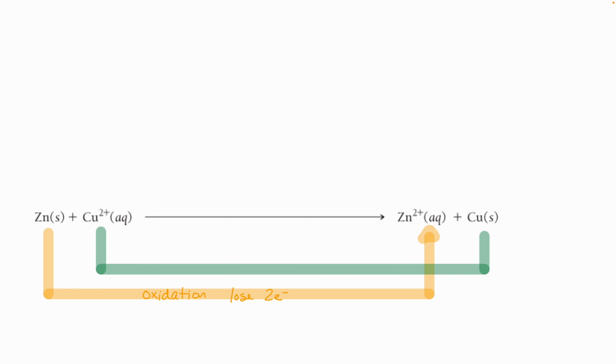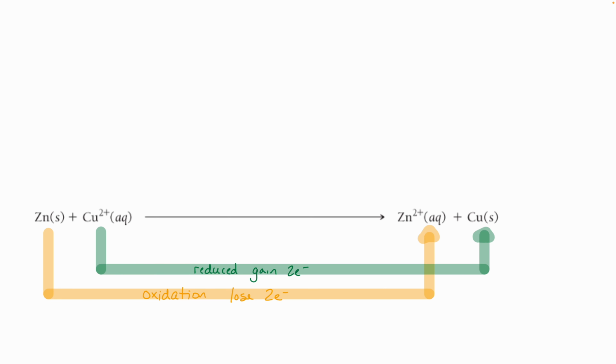Notice that copper goes from being this positively charged ion to having a neutral charge, or just being our copper atom. So whereas our zinc is being oxidized, the copper is being reduced, and it's gaining those 2 electrons. That's how it goes from being a positive 2 charge to being neutral.